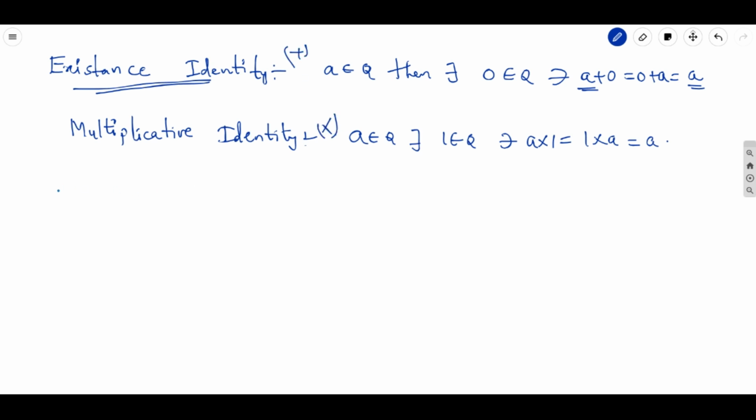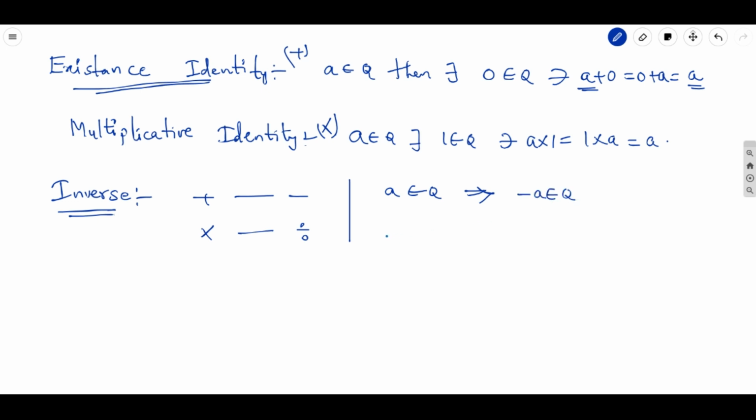In the same way, inverse. Additive inverse is like subtraction, multiplicative inverse is like division. Here we take a belongs to Q, additive inverse means we just change the sign, minus a belongs to Q. Under multiplication, a belongs to Q, then the reciprocal of that element is the inverse under multiplication.